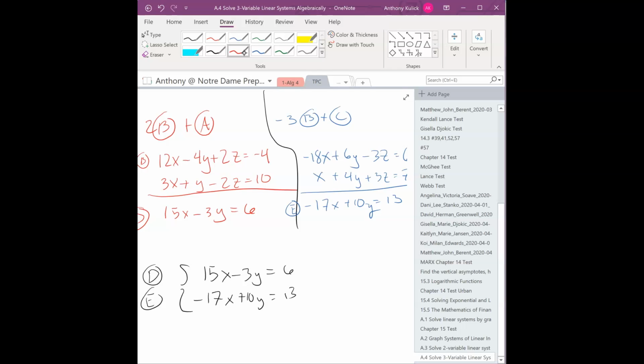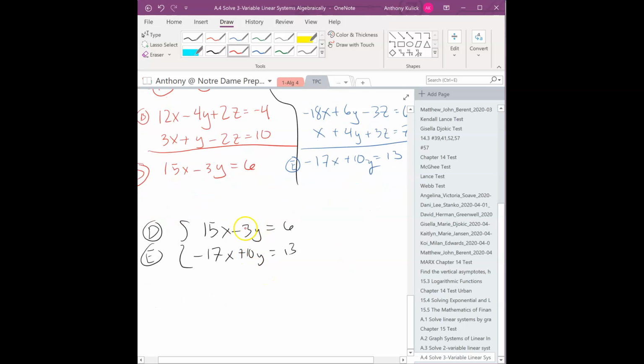I'm going to choose to do elimination, and I'm going to choose to eliminate the y's, just because neither one of the coefficients on x's or y's is a multiple of the others. So I'm just going to use the y's because the numbers are a little smaller.